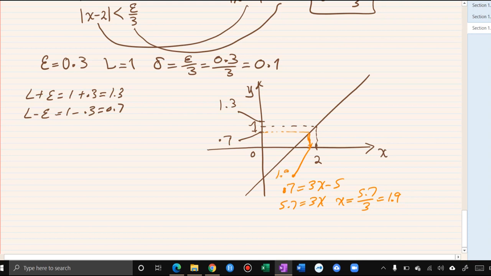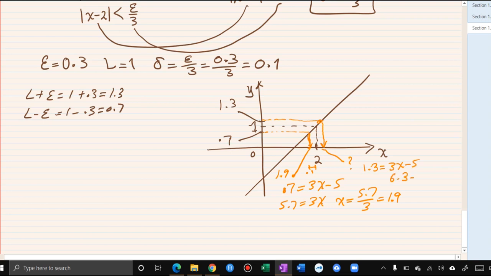That's what we just found. Notice the difference between 1.9 and 2 is 0.1. So this distance is 0.1 so far. Now, if I go to 1.3, drop down and try to find what this number is. So y is 1.3 equal to 3x minus 5. Add 5 to both sides.